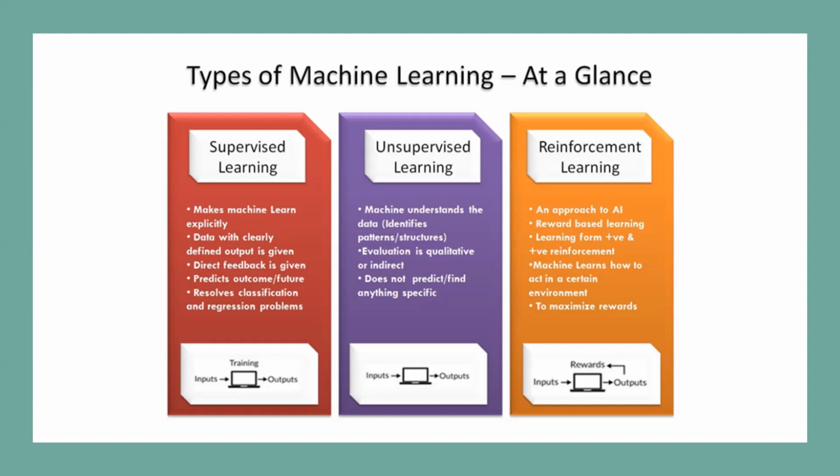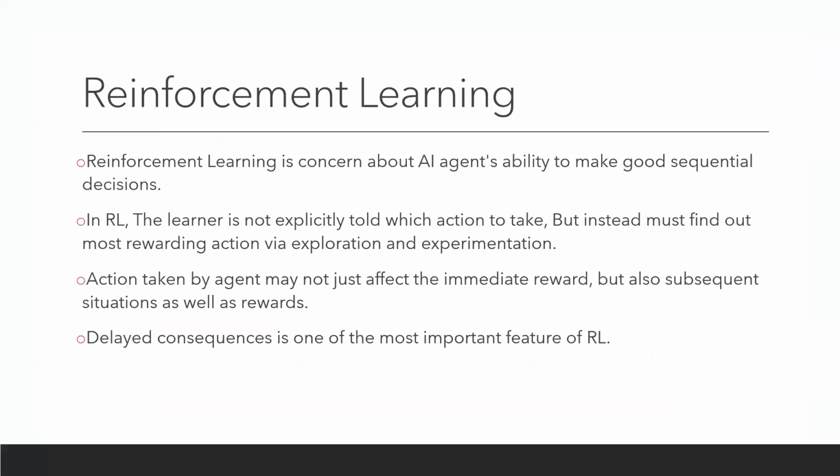So reinforcement learning is learning through interaction with an environment. When the agent interacts with the environment, it receives some reward, in terms of positive or negative rewards.